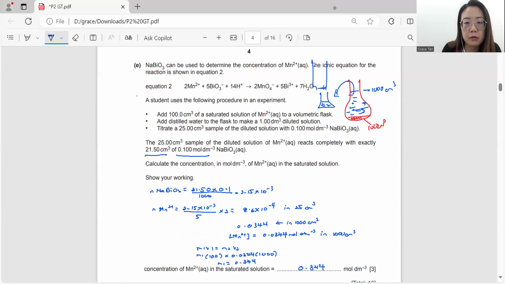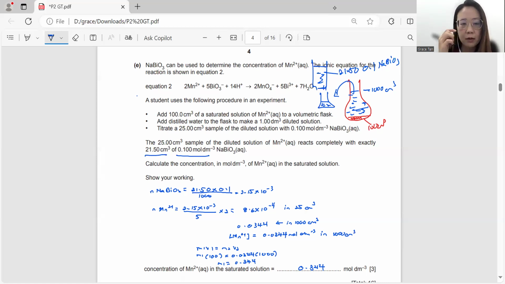So therefore, over here is titre 21.50 of the 0.1 of NaBiO3 was obtained. So calculate the concentration of Mn2+ in the saturated solution. Saturated means the red color pen, the original one, not the diluted one in the volumetric flask.